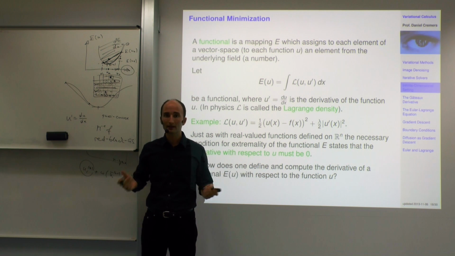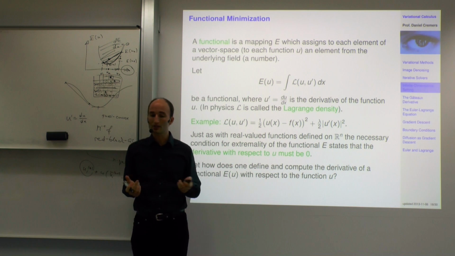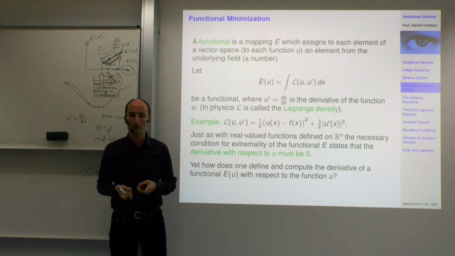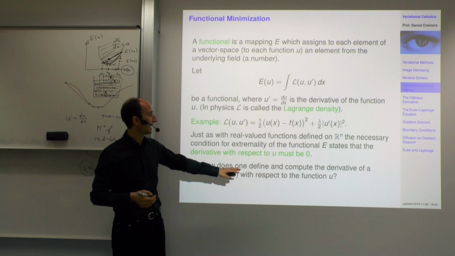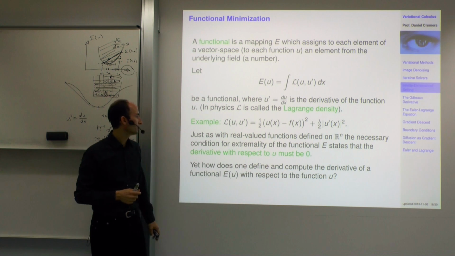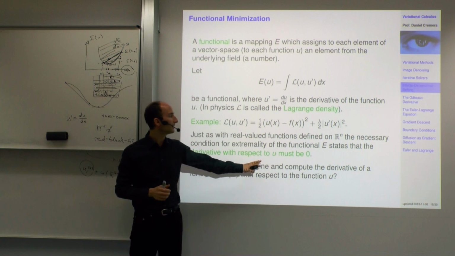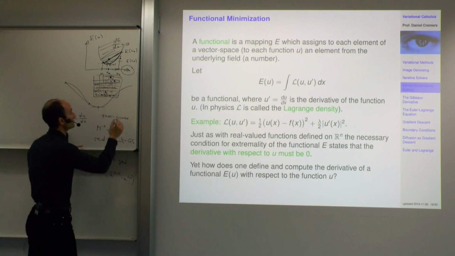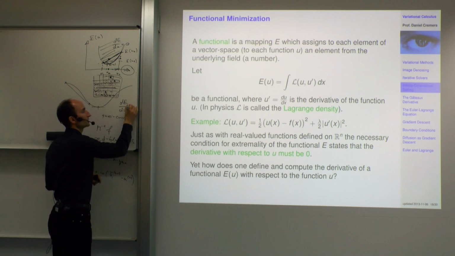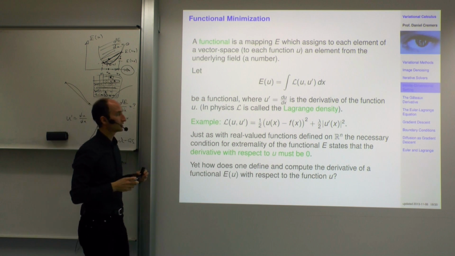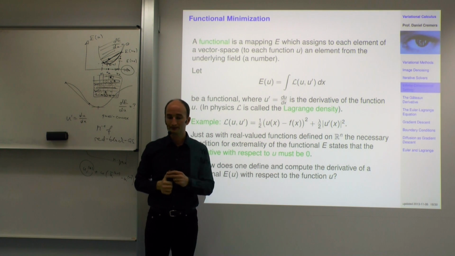Do we have infinitely many equations? Essentially we do, but the question is, how can we formalize that? And so this is the challenge in functional optimization: how do you actually define that derivative? How do you define dE by du if u is a function? So this is the question that we want to address.